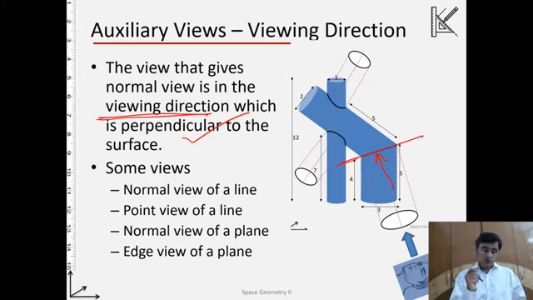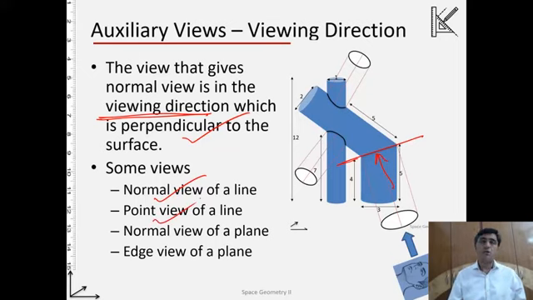Alright, if you talk of a line, for example here this is the profile plane, and the line is parallel to this. If I project it onto the profile, the view will be true length. So this view we call the normal view. However, for the same line, if you project it onto the frontal plane, the view will be a point.